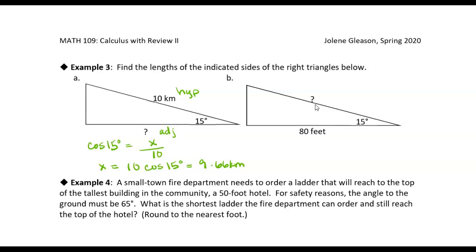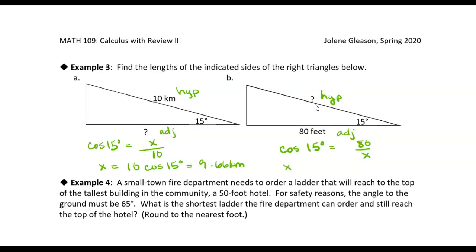All right, this one's similar, only instead of being given the hypotenuse, we're given the adjacent side. This is the hypotenuse, and this is the adjacent side. So we can say the cosine of 15 degrees is equal to 80 over the hypotenuse, which we'll call x.